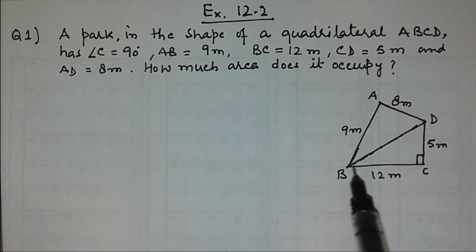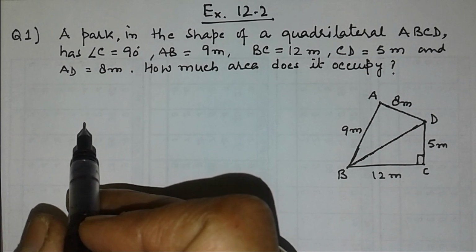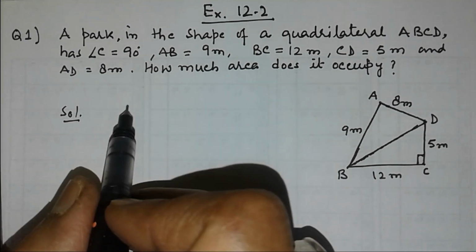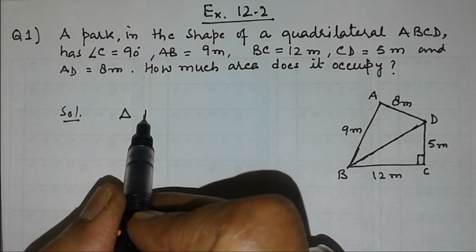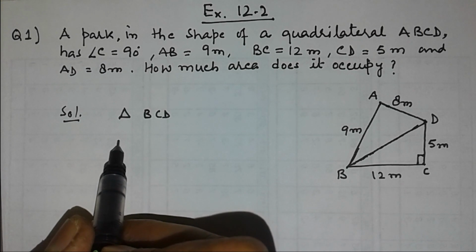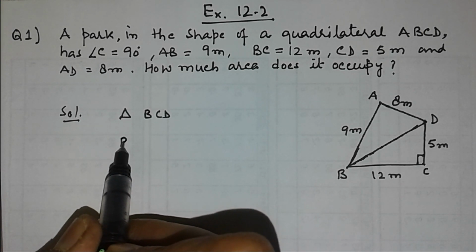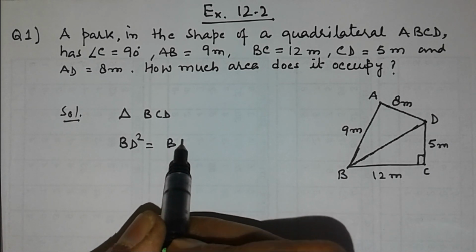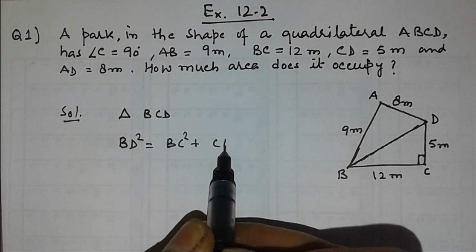Now, if we see triangle BCD, the solution is that in triangle BCD, it is a 90 degree angle at C. So first we find BD by using Pythagoras theorem. So BD square is equal to BC square plus CD square.